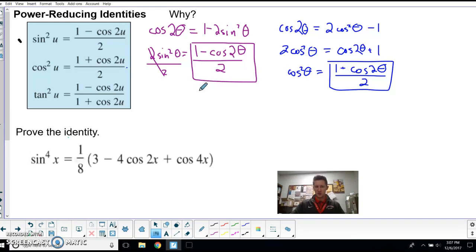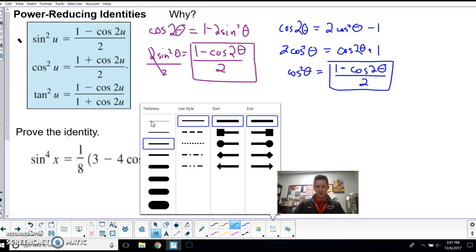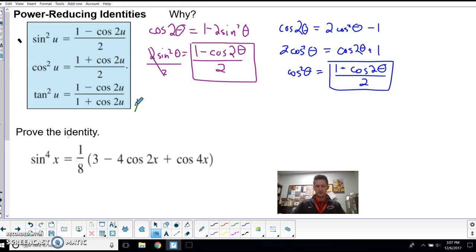Okay, and then finally tangent. There's a lot extra for this one. So if I'm working with tangent, in this case, I know that tangent squared of theta is equal to sine squared over cosine squared. So I got sine squared theta over cosine squared theta.